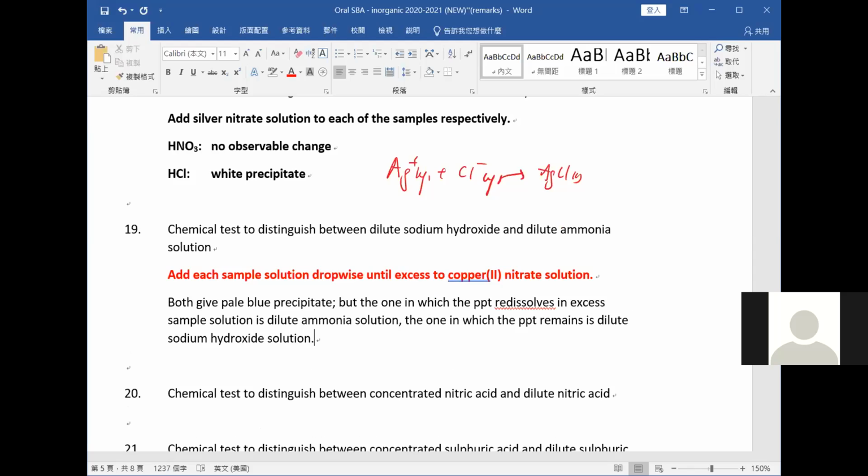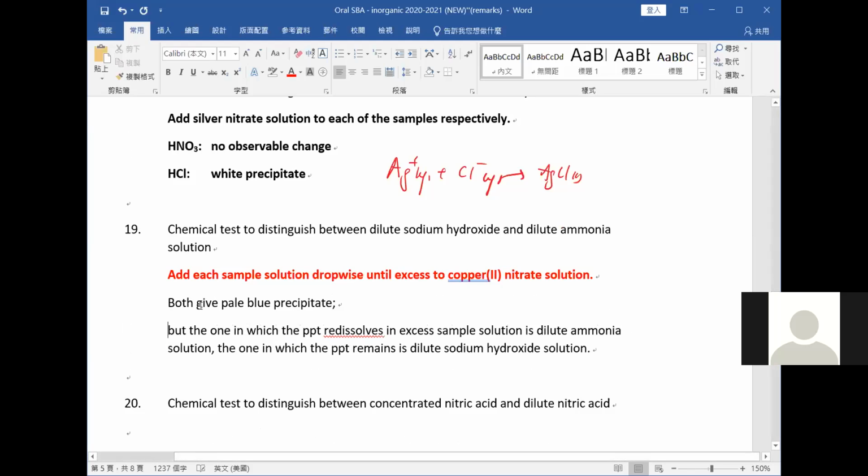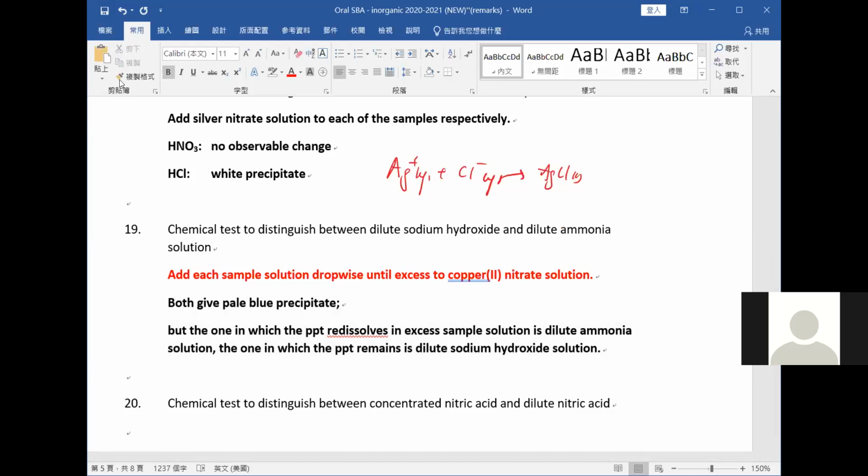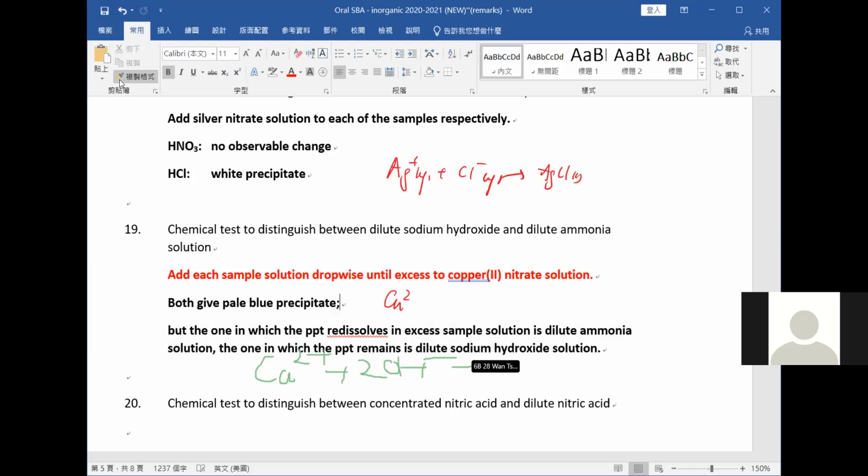Now the question comes is about the equation. Equation, please. What are the equations involved? What are the equations? No need to have heating. So the equation, the best way is to show you an ionic equation.